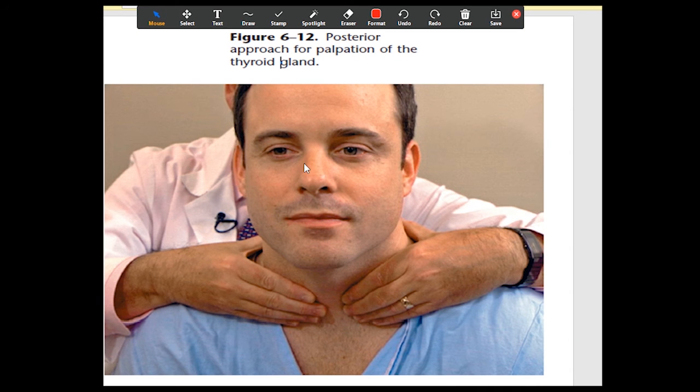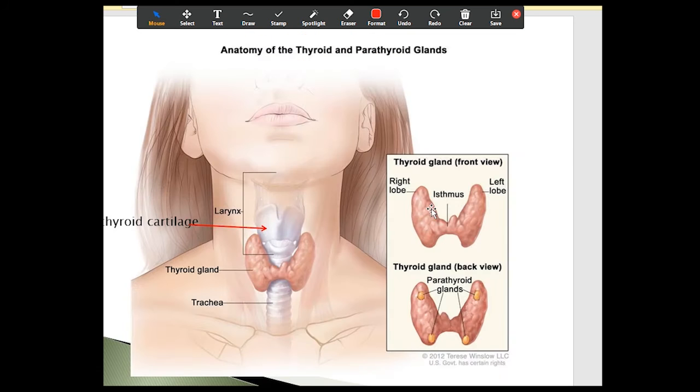Then we check the thyroid gland. When checking the thyroid gland, usually we stand behind the patient and put our 2 hands in the neck area to see whether both sides are normal size or maybe have some nodules inside. The normal thyroid gland looks like an H, and both sides are the same size.